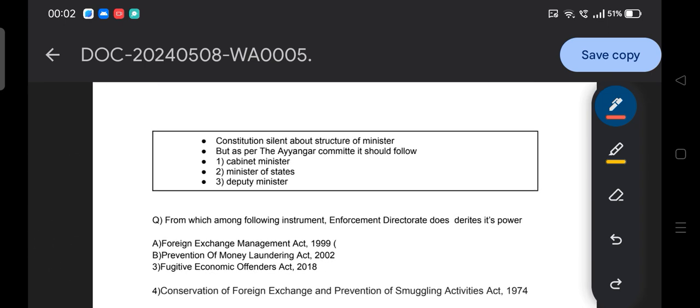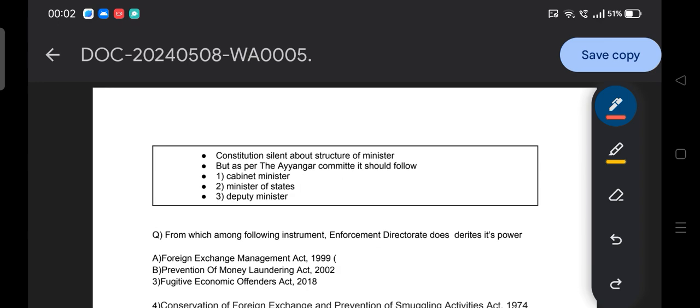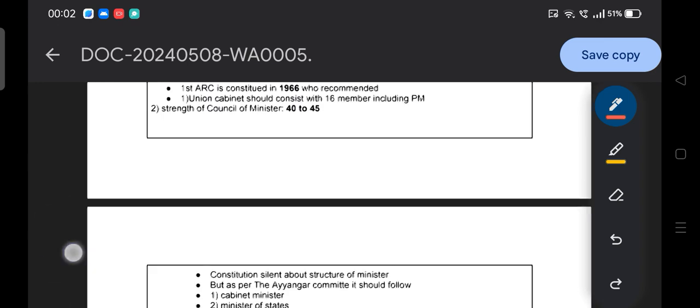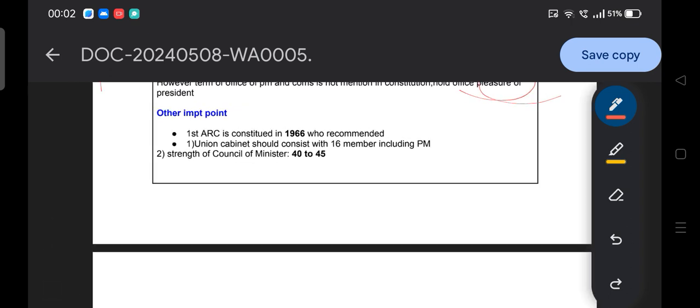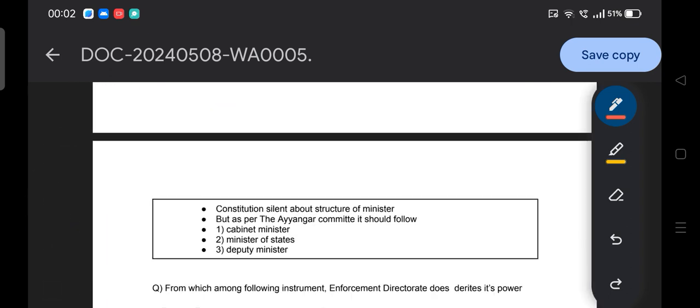The next thing is that the constitution is silent about the structure of the ministers. Like we have studied cabinet ministers, the council of ministers, then ministers of state, these things are not mentioned in our constitution.